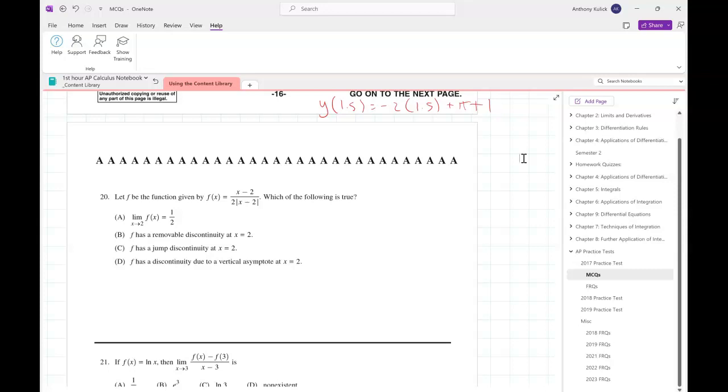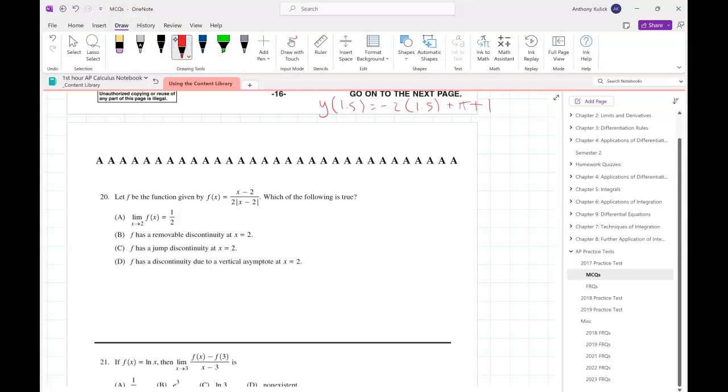You guys felt like you could do it, and nobody did do it right. So let's talk about how to deal with something like this. It gives us a function f of x equals x minus 2 over 2 times the absolute value of x minus 2. And it asks us which of the following is true.